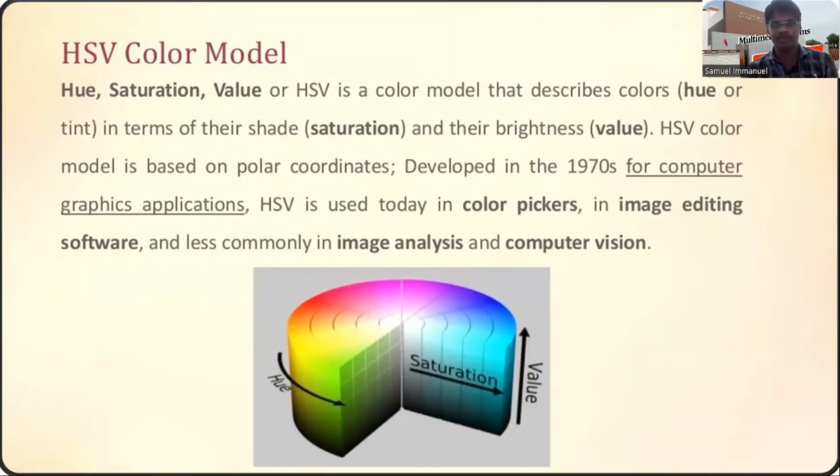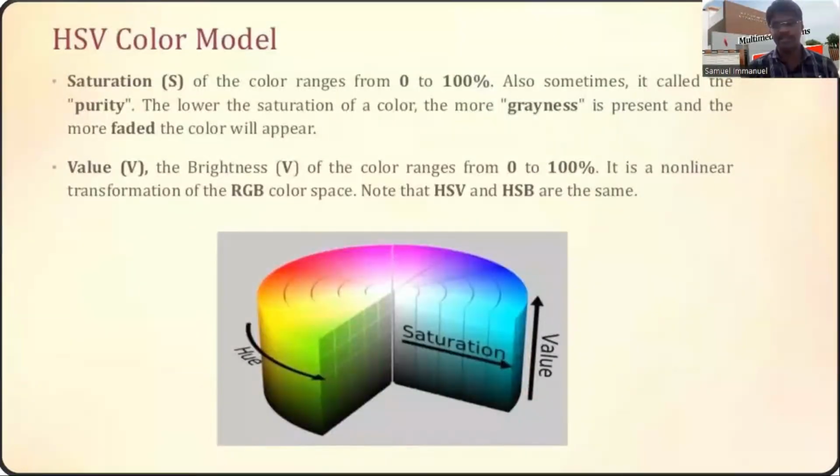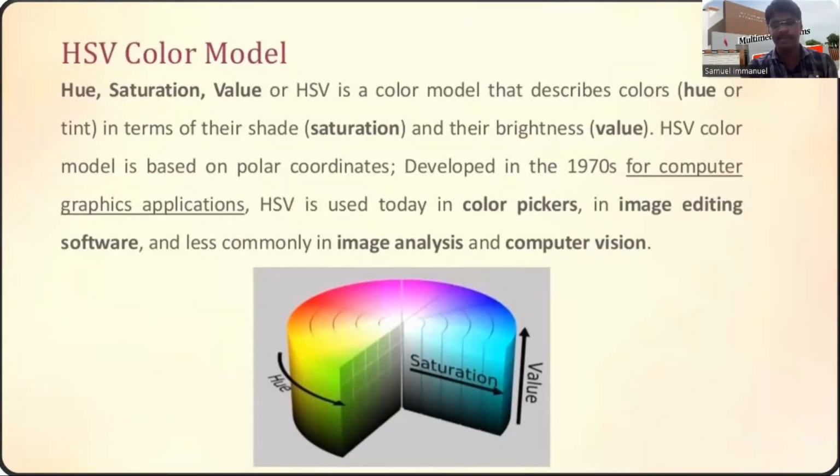For example, if you are using Photoshop or any kind of image editing software where you want to pick a particular color for a particular image, you can use the HSV color model, because it is easy for us to pick colors in the exact manner. That is why we use the HSV color model in Photoshop and other image editing software.